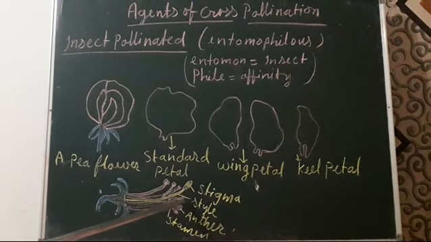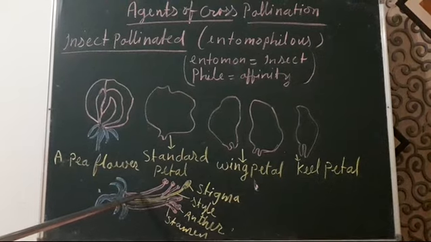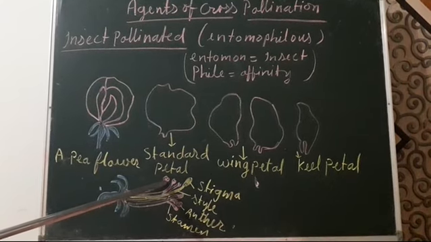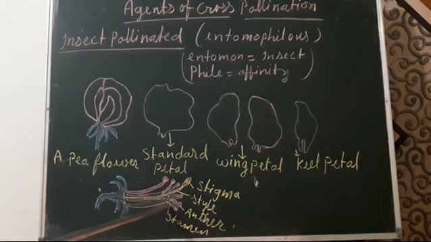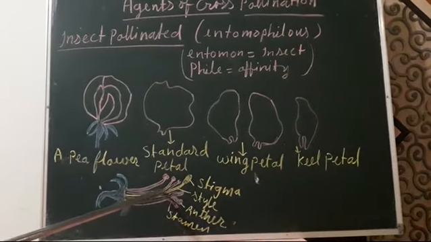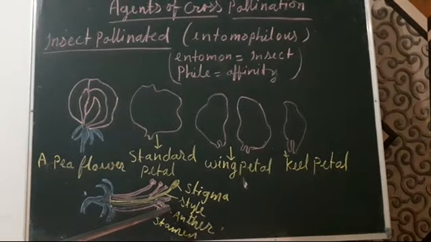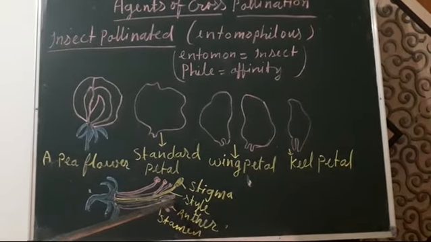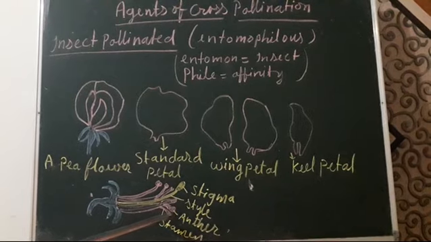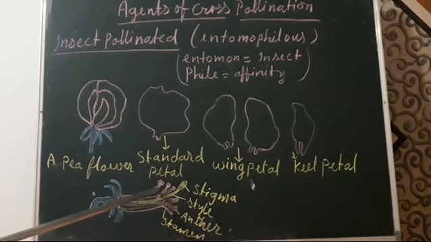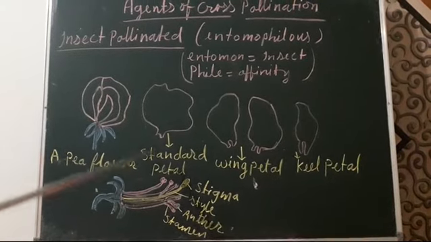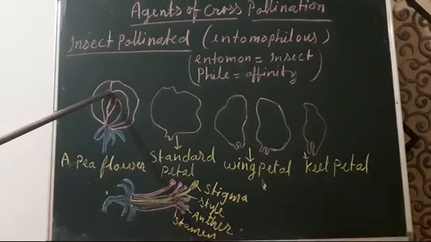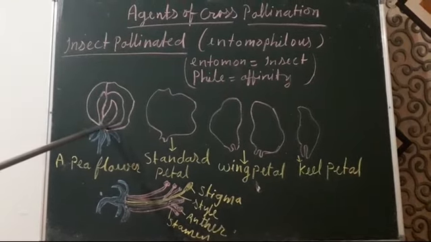You can see here this staminal tube, and one stamen is separated and 9 are fused together to form a single staminal tube. It is not shown here, but there are 9 stamens. So this whole male and female flower part is covered by this wing and keel petal inside.